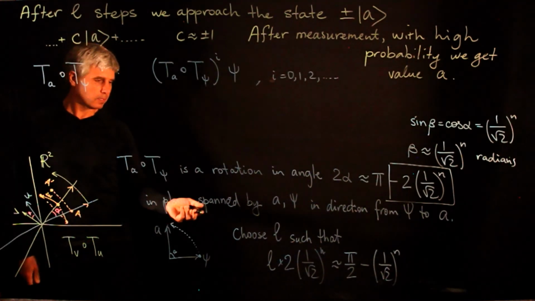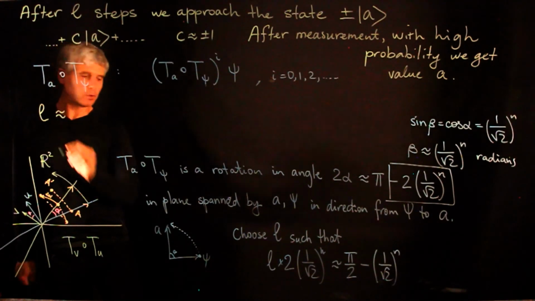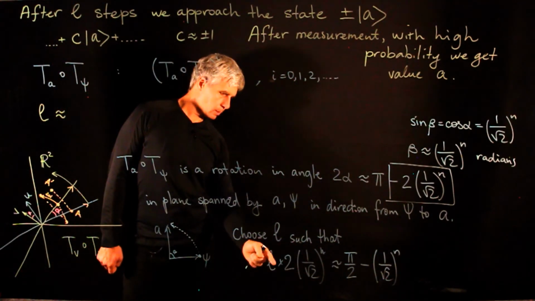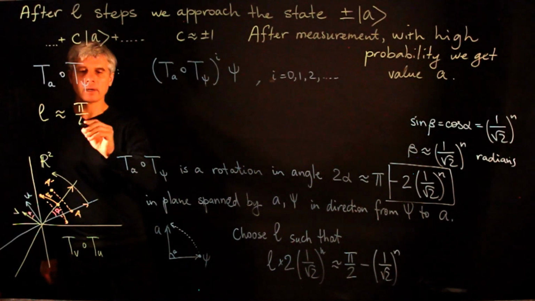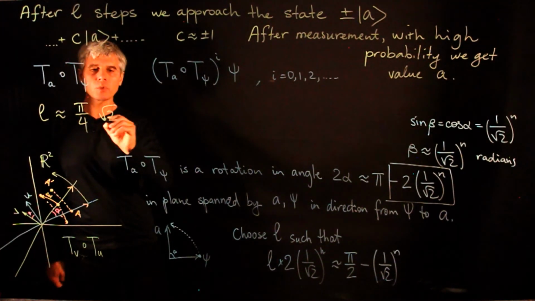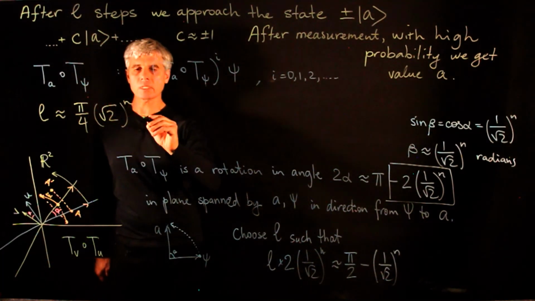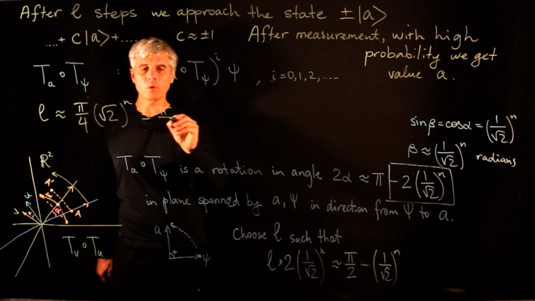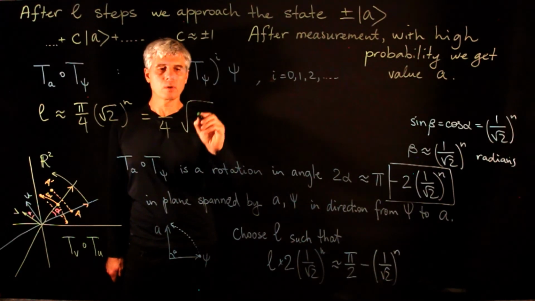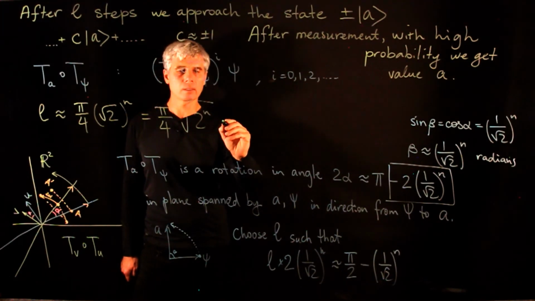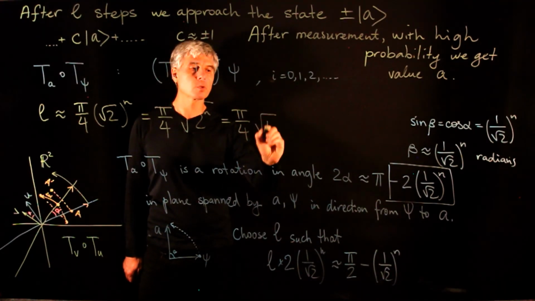So finally, let us say how many steps we did. The value of L from here is approximately equal to pi over 4 times square root of 2 to the power n. And that is pi over 4 times square root of N, right?